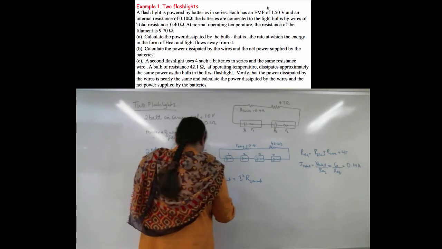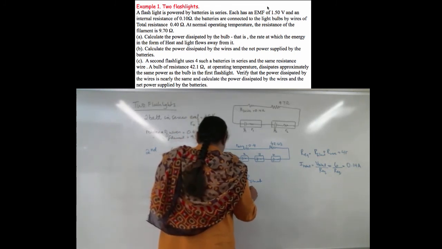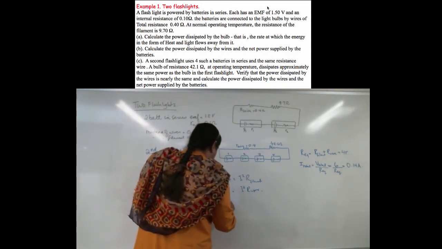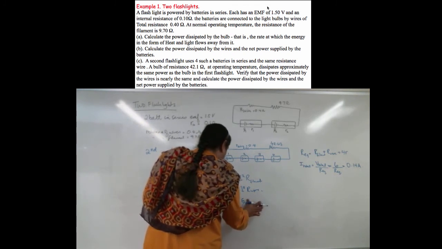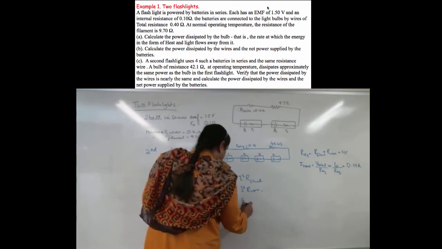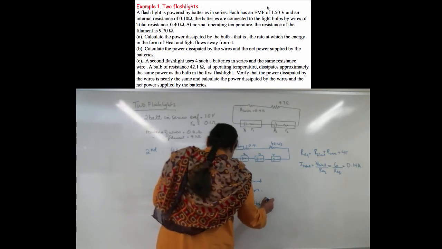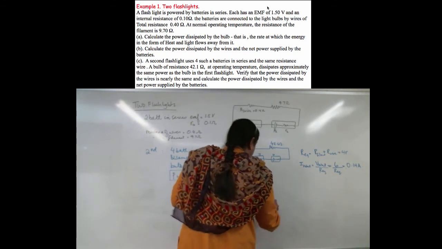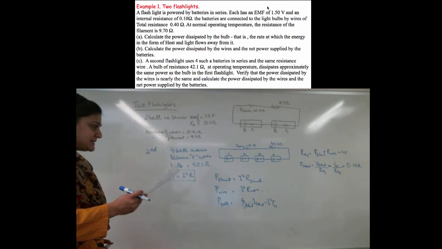We can find the power dissipated by the wire as I squared R of the wire. And we can find the power of the battery by total EMF times I total minus I squared R equivalent of the little tiny internal resistances, right?